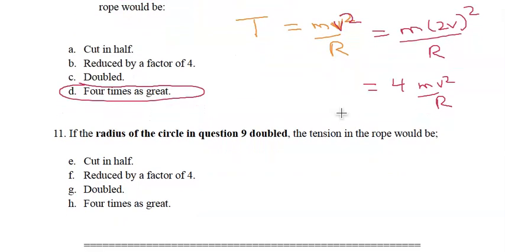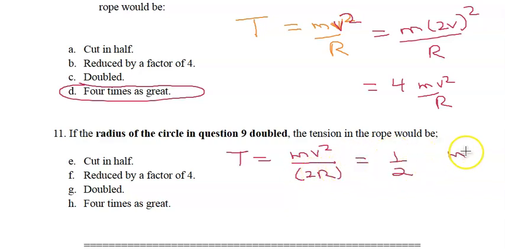Okay, and then the last question. If the radius were bigger, so I'm going to keep velocity the same, but I'm going to double the radius, then what you see is you get a half of what you had before. And so the tension is cut in half.